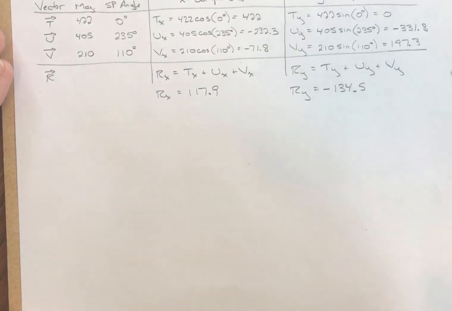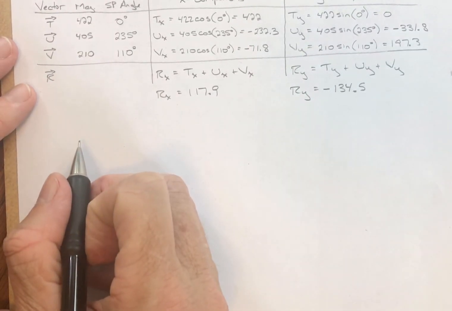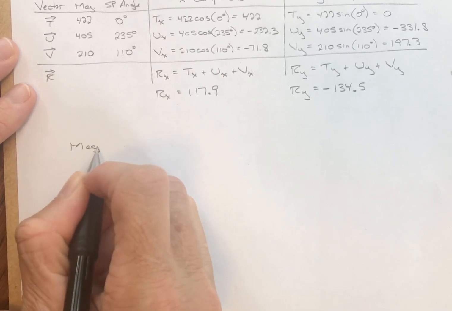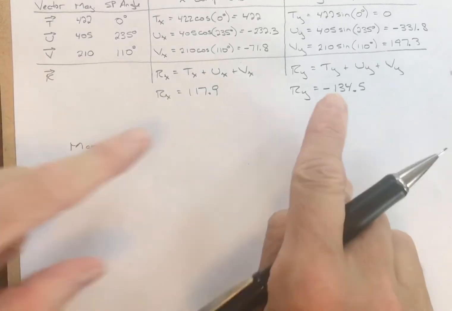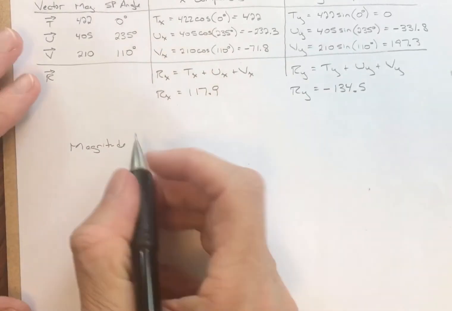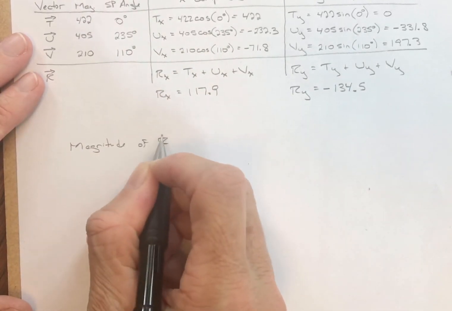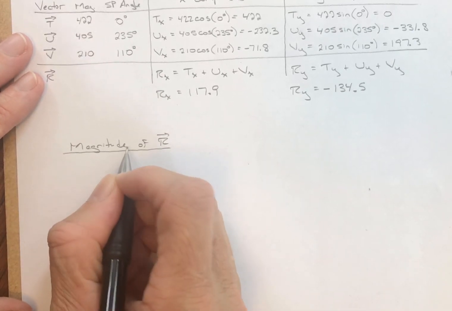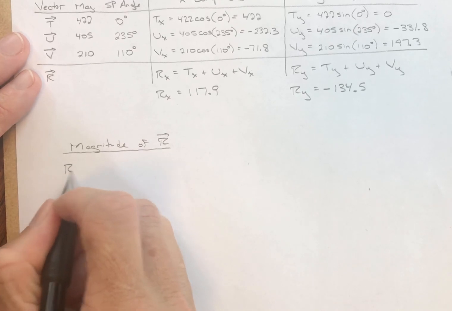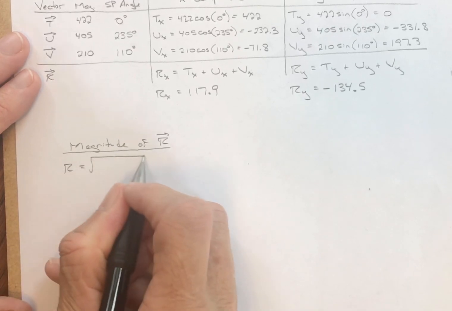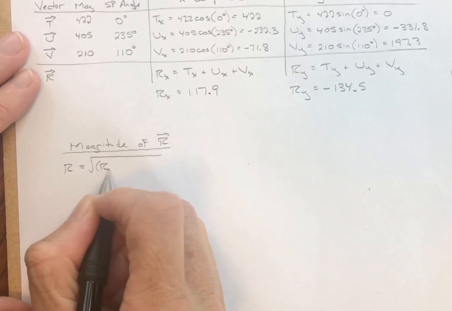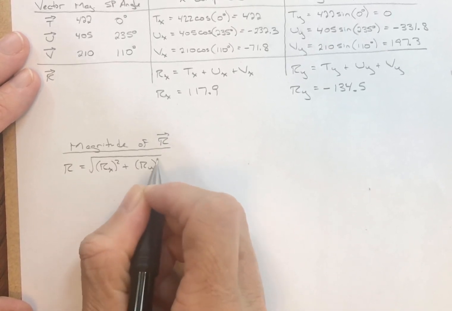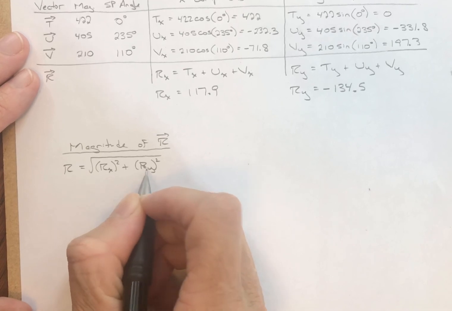I'll continue this quickly. How do I find the magnitude of the resultant vector? Do the same thing I've been doing. Once I get these two numbers, I'm off and running. So the magnitude of the resultant vector, adding them all up, how long is that vector? Well, r is equal to the square root of the x component squared plus the y component squared. My r is a little sloppy sometimes. Sorry about that.